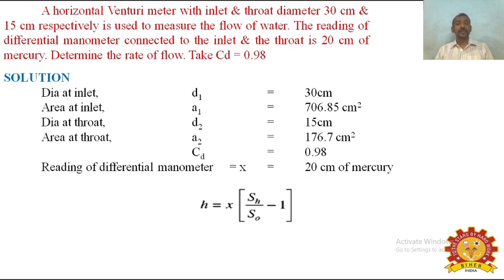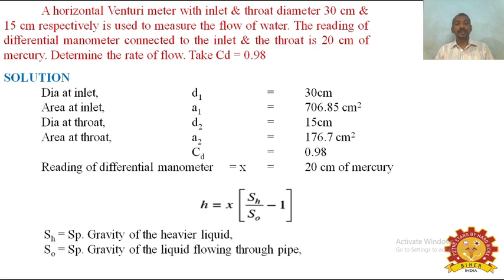The heavy liquid here is mercury. So the specific gravity of mercury is 13.6. Everyone knows the density of mercury is 13,600, but here we have to consider specific gravity.